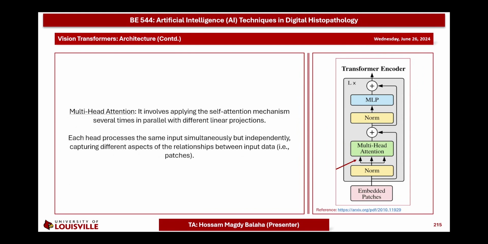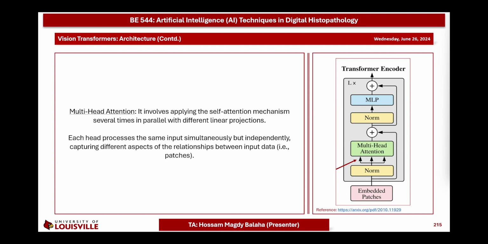So the multi-head attention will involve applying the self-attention mechanism several times in parallel with different linear projections, where each of the parallel heads will process the same input simultaneously but independently, capturing different aspects of the relationships between the input data, which are the batches.